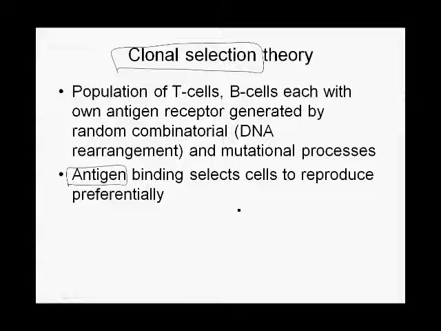So mitotic division produces identical progeny. And then these progeny can themselves be activated, and so you can get an exponential increase in the numbers of that particular T cell or B cell clone.